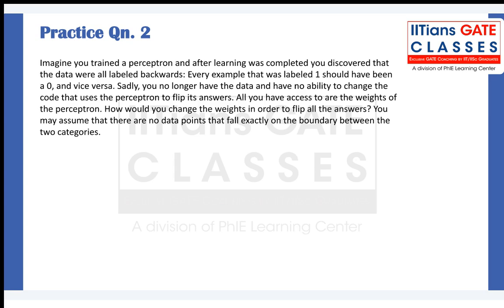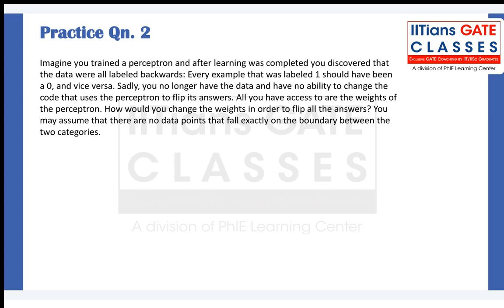Sadly, you no longer have access to the data and you have no ability to change the code that uses a perceptron to flip its answers. All you have access to are the weights of the perceptron. You have the weight vector. How would you change the weights in order to flip all the answers? You may assume that there are no data points that fall exactly on the boundary of the two categories.